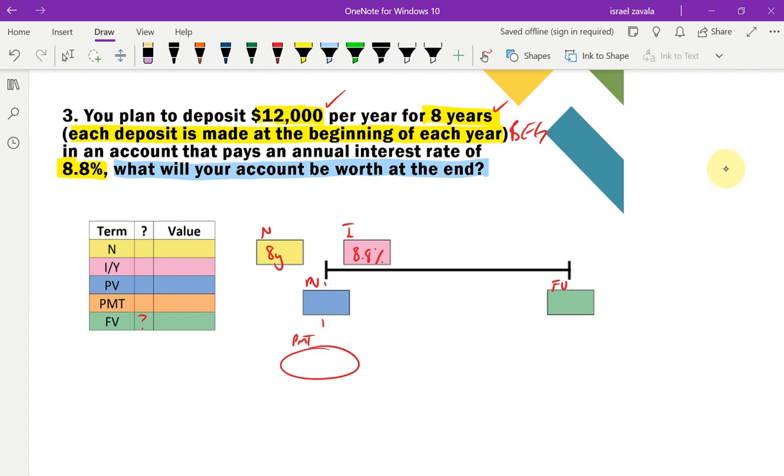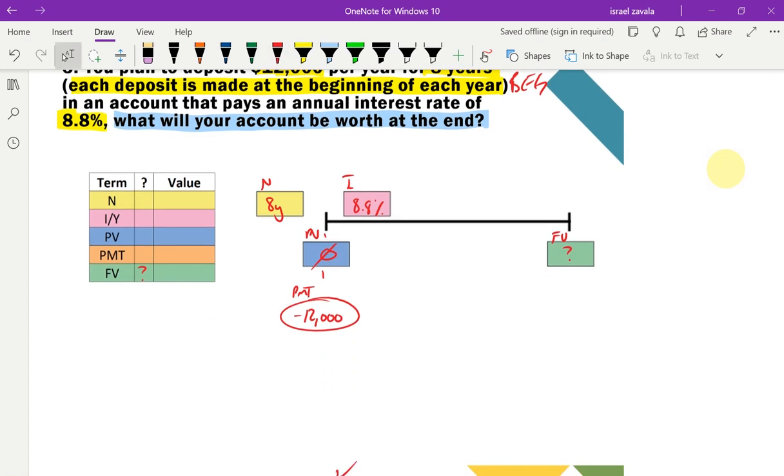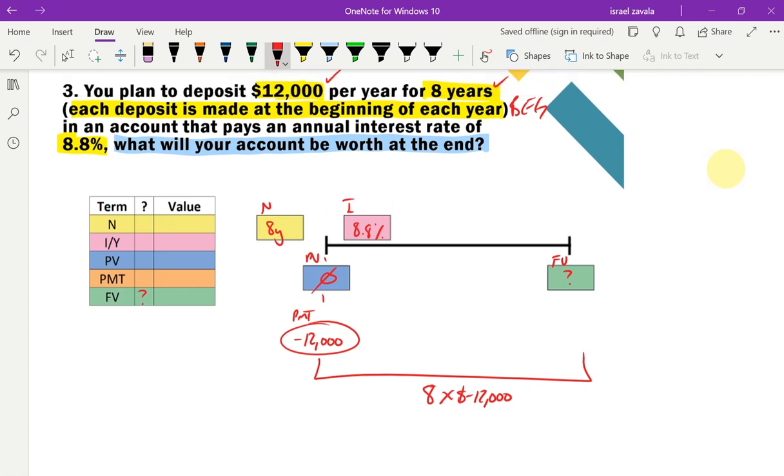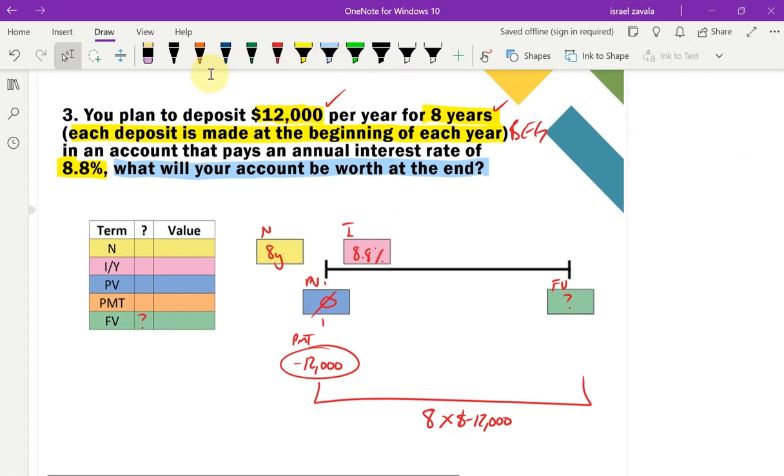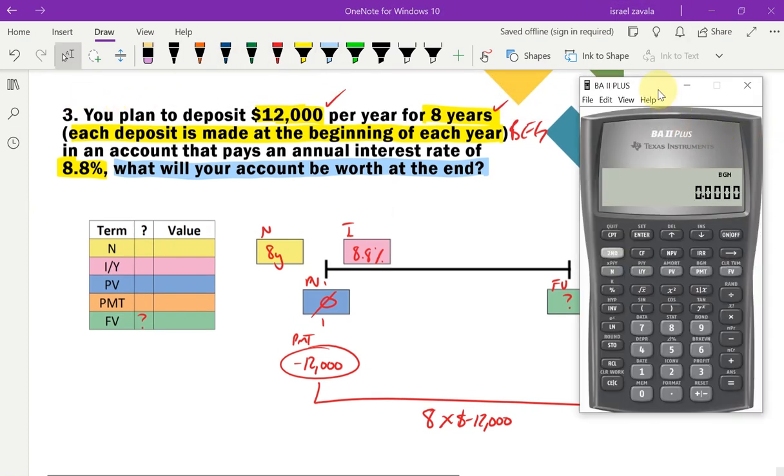But since we don't, it just says we have 12,000 per year. Per year should tell us it's a stream, right? We know that that's going to be our payments. And it is asking, what is the future value? Of course, we know that there are going to be a total of 8 payments of $12,000, right? Okay, so let's grab our financial calculator.